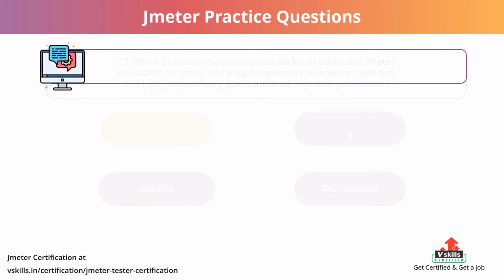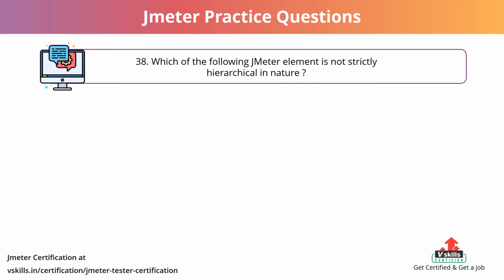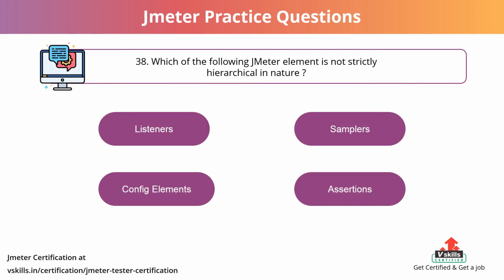Question number 38. Which of the following JMeter elements is not strictly hierarchical in nature? The options are A, listeners, B, samplers, C, config elements, D, assertions. The correct answer is option B. Question number 39.